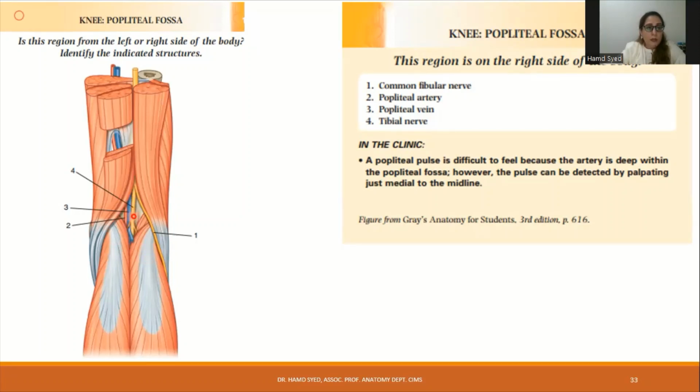And in the middle, the important nerve is the tibial nerve, and the vessels are, of course, the popliteal vein and the popliteal artery. Remember, a popliteal pulse can be felt in the popliteal fossa, although it is difficult to palpate because it is lying so deep within the popliteal fossa. However, the pulse can be detected by palpating just medial to the midline.